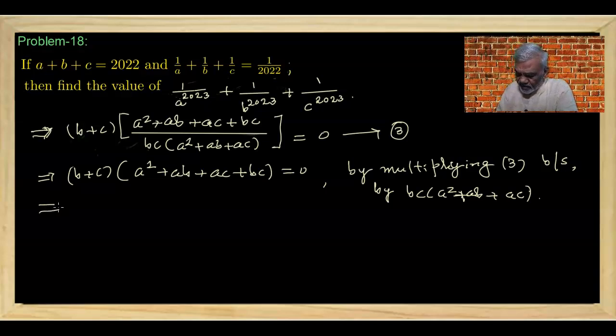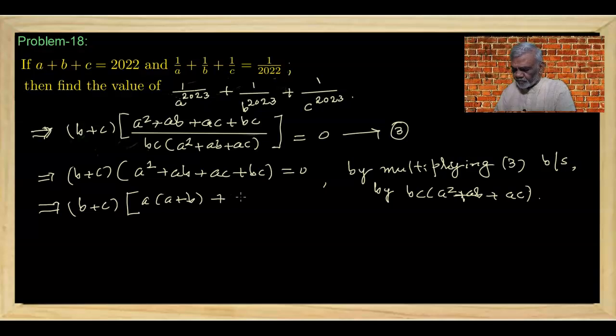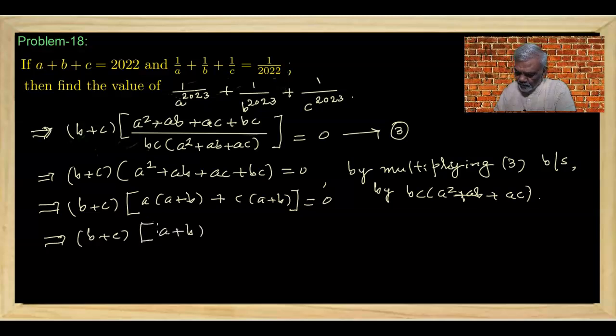So we will get this equal to 0, and b plus c into bracket, let me take a into a plus b plus c into a plus b, is equal to 0, and this can be written as b plus c into bracket a plus b into a plus c is equal to 0.